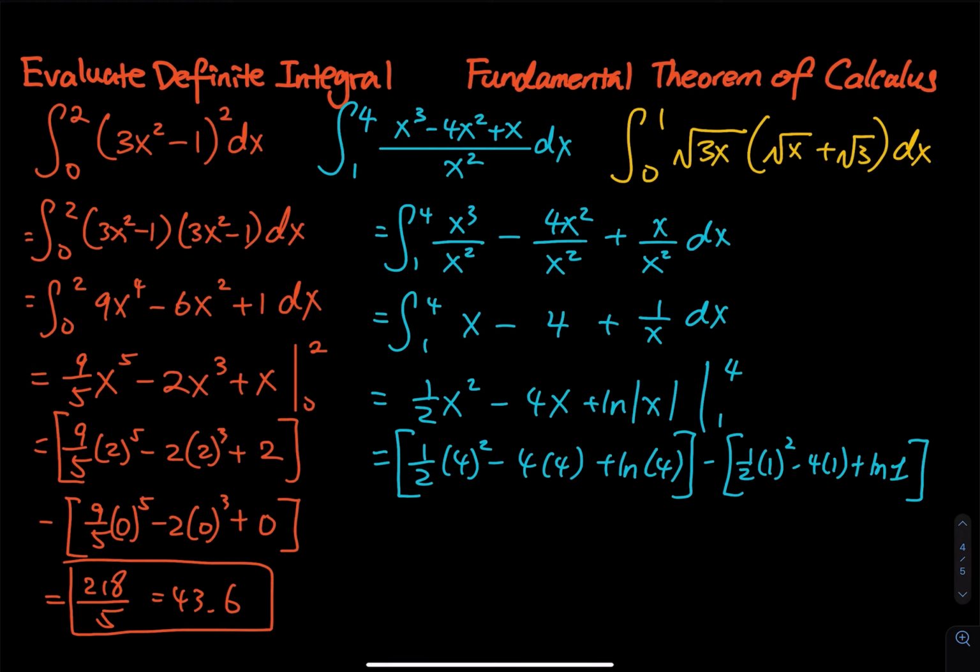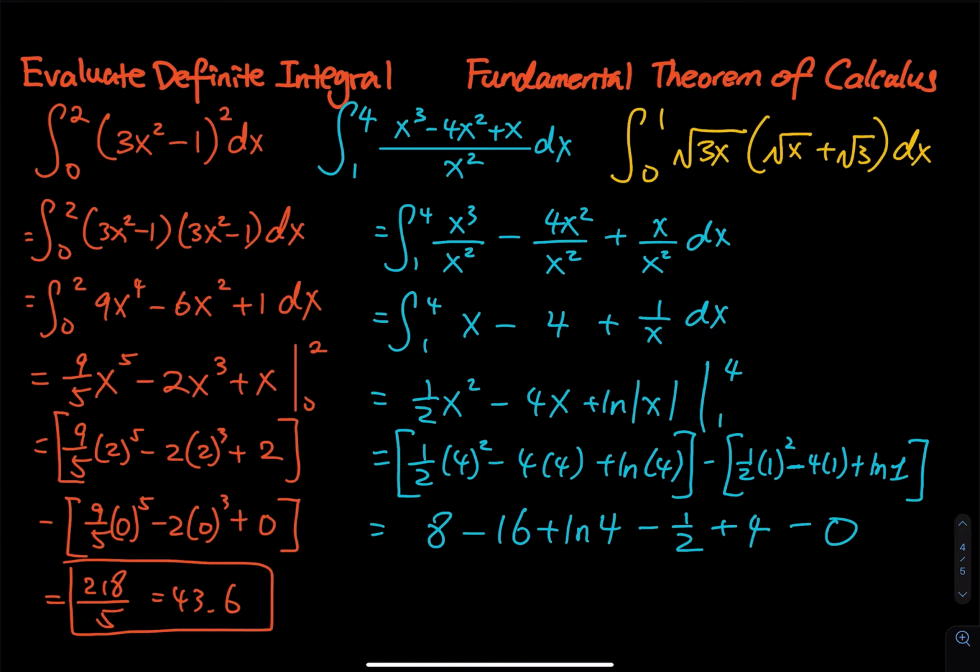All right, so what is this? This is 16 divided by 2, that is 8, minus 16, and then plus ln 4. And then minus 1/2, and then plus 4, so minus minus, this is a plus 4. And then ln 1 is equal to 0, so you will be subtracting a 0.